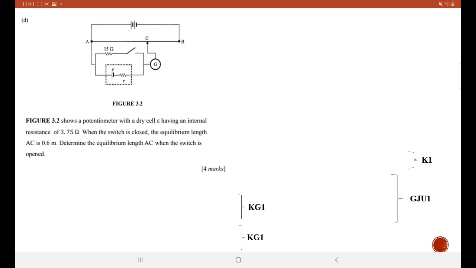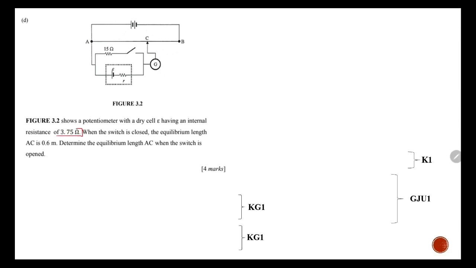Now we have the potentiometer. Figure 3.2 shows a potentiometer with a dry cell having internal resistance of 3.75 ohm. So this is the internal resistance r. When the switch is closed, the length AC is equal to 0.6 meter.